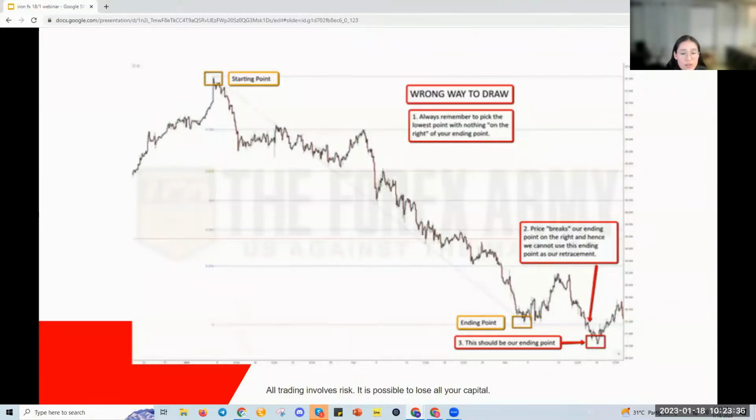This is an example of an invalid retracement. The ending point is here, and you can see that price actually reversed off the ending point, but it made a lower low. So this Fibonacci retracement, the trend line, is now invalid. Similarly, if it's going higher, and it breaks the ending point and goes even higher, then it's invalid as well.